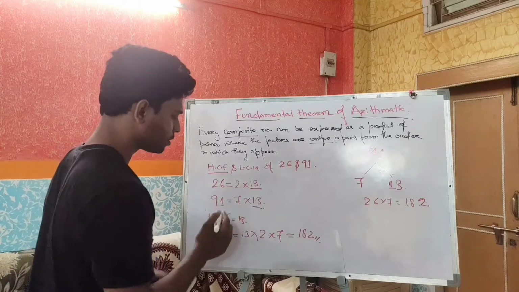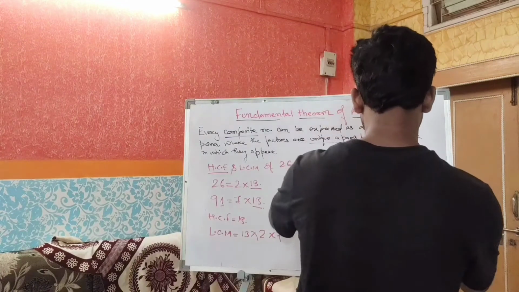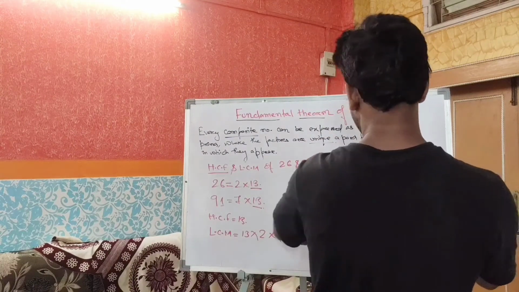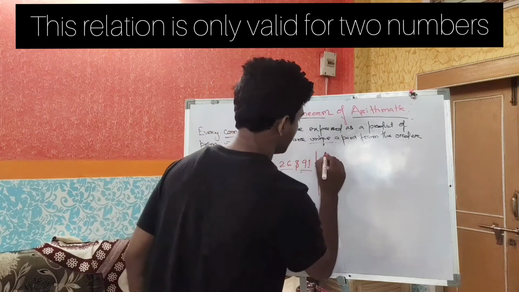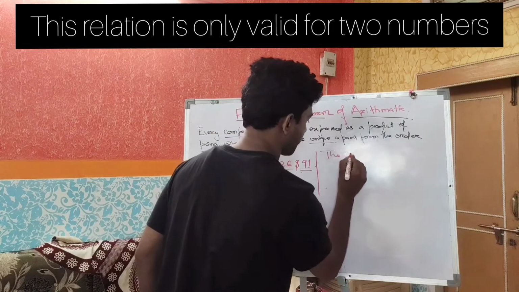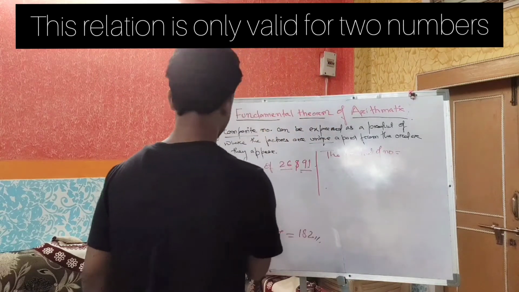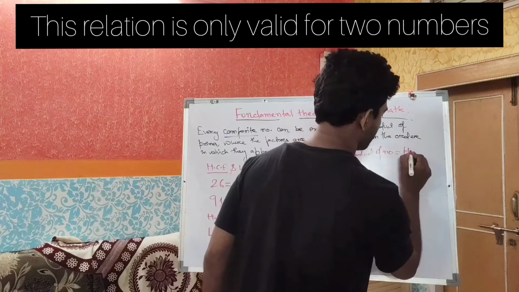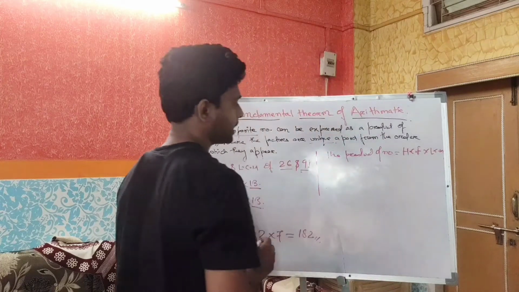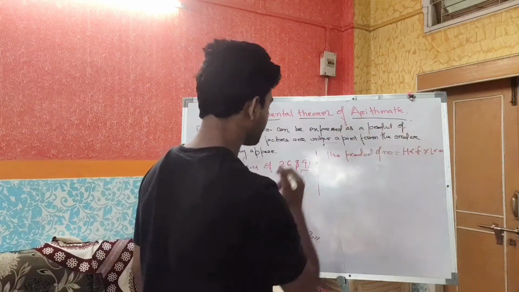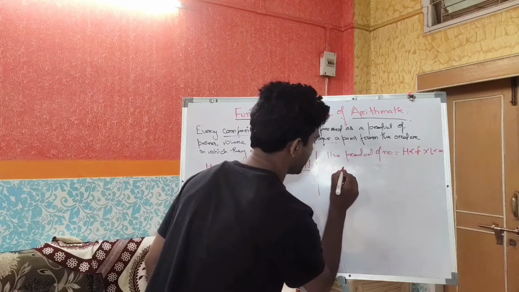Also there is one more relation: the relation between HCF and LCM. It tells us that the product of the two numbers equals HCF times LCM. So let us prove this relation. The product of these two numbers is 26 times 91.